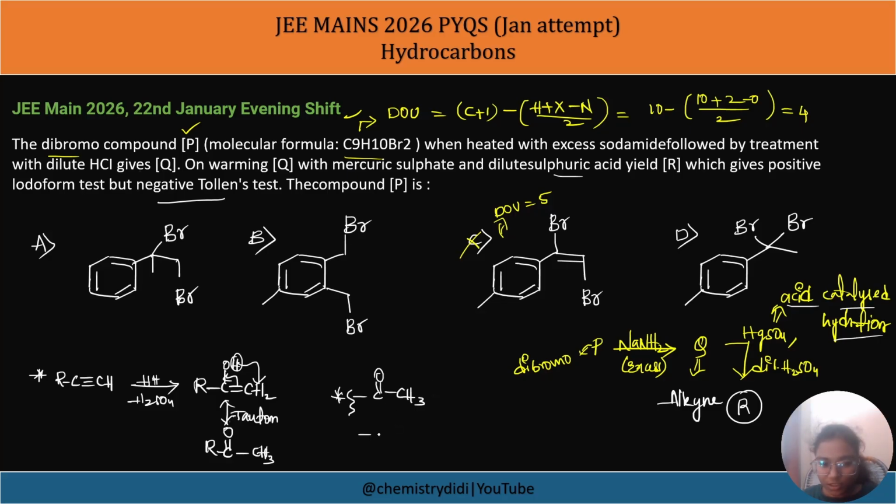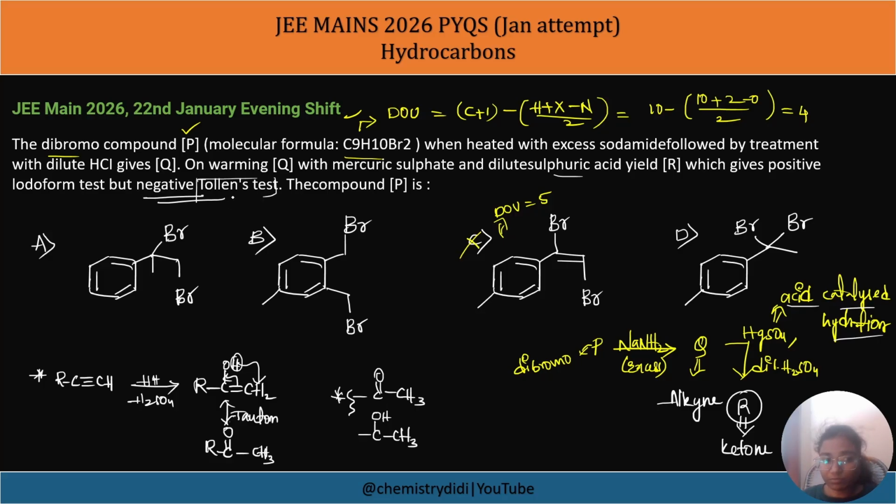Or else it can have this group also, CH(OH)CH3. So for these two types of compound it gives a positive iodoform test, and for Tollens test it will give positive for the aldehydes. So R should not be the aldehyde, means it should be ketone. So I hope you have understood from this particular statement.